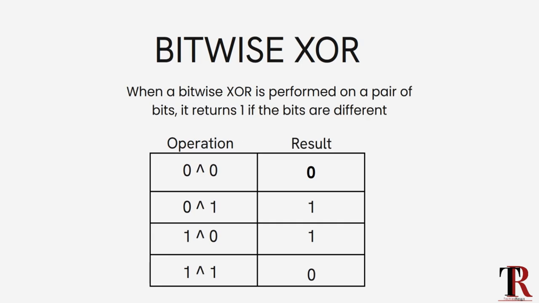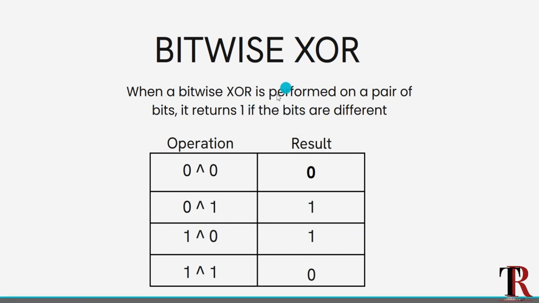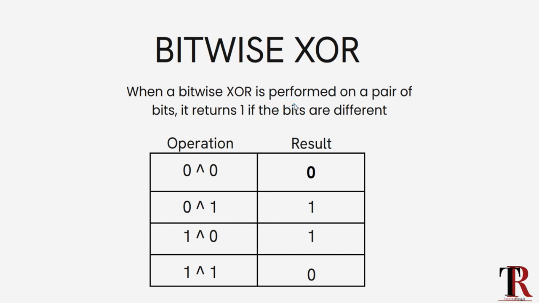And the last one is the XOR bitwise operator. When the bitwise XOR is performed on a pair of bits, it returns 1 if the bits are different. Don't mind how I'm pronouncing this; the correct thing is XOR. It's like an opposite of OR.